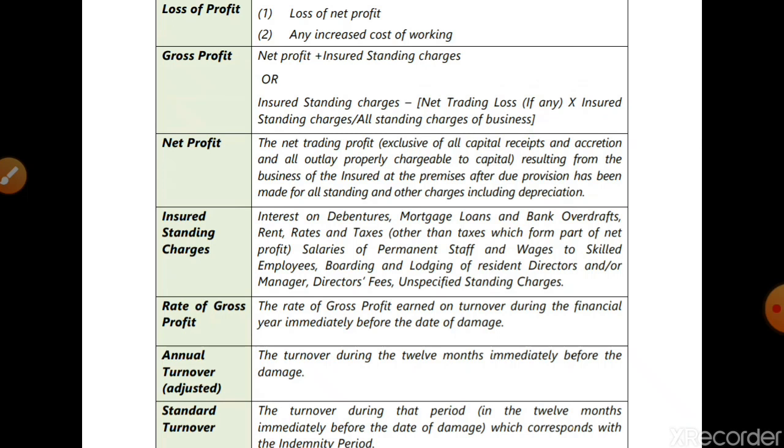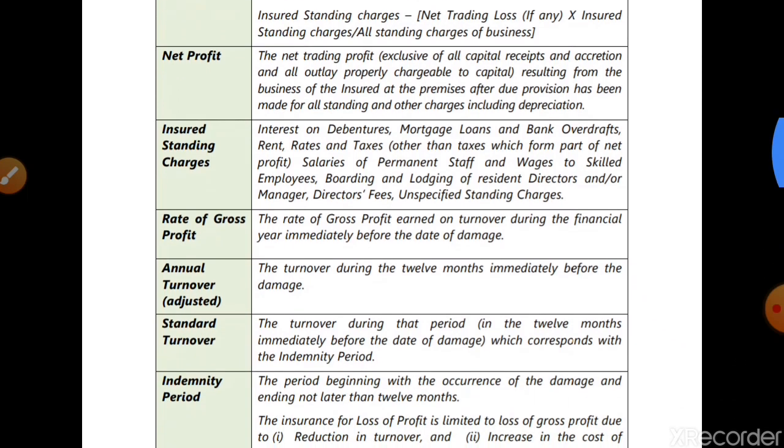The previous year's gross profit before the accident, that we need to consider, and annual turnover, that is, turnover during the 12 months immediately before the damage. These are the few things we need to remember as terms for the loss of profits policy.